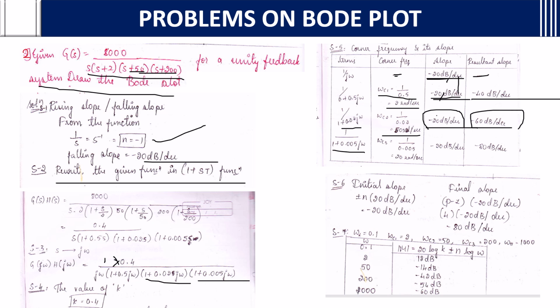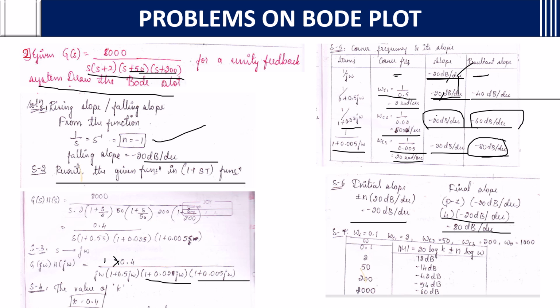For the fourth factor, the same way, the corner frequency is 1 by 0.05, and the slope will be minus 20 dB by decade as it is a pole. So the resultant slope will be minus 80 dB by decade. The initial slope is minus 20, and the final slope is minus 80 dB by decade.